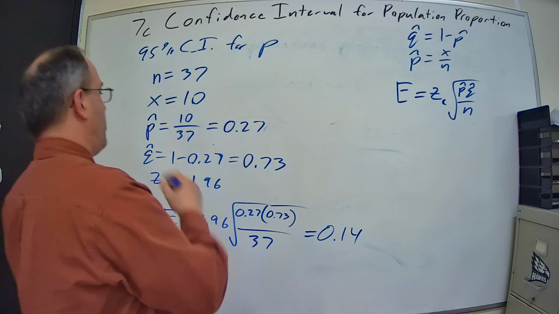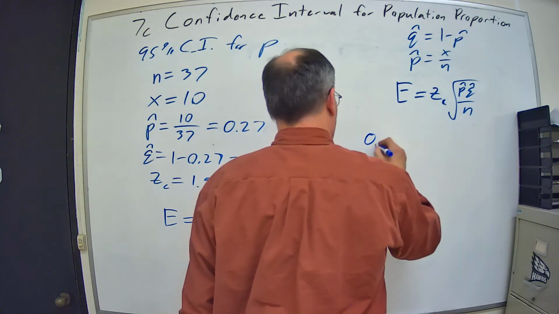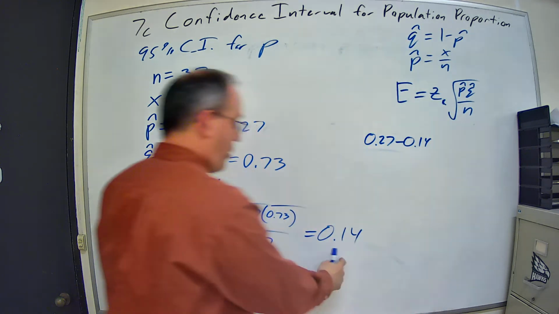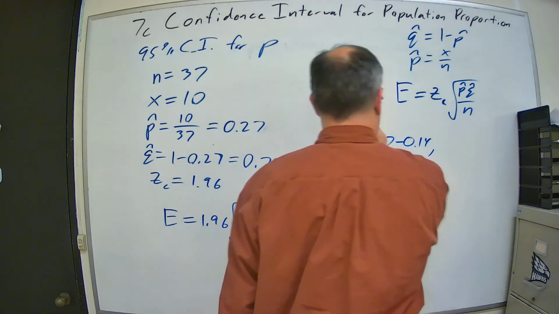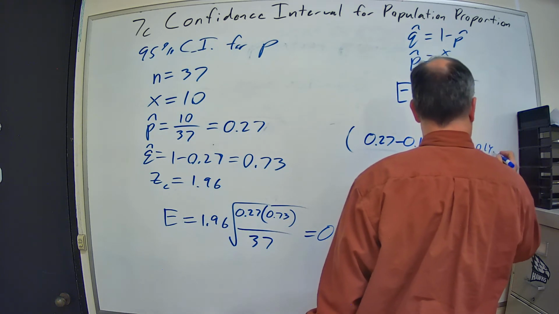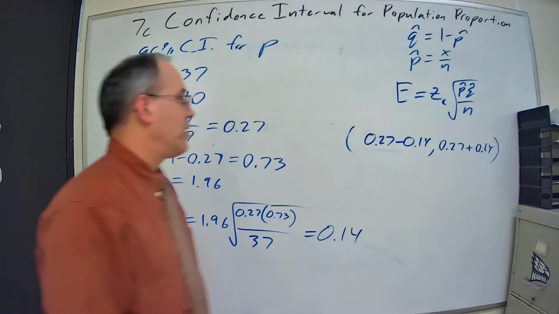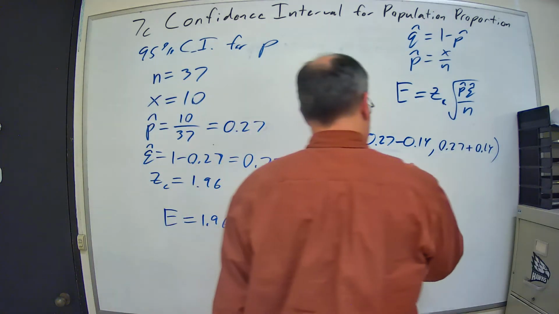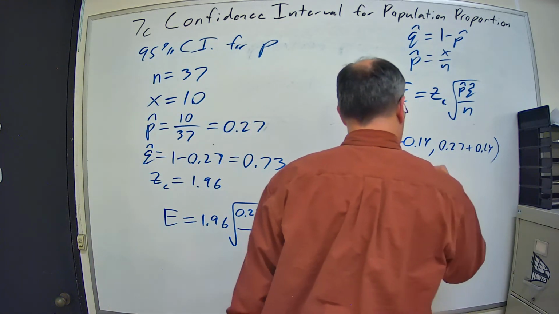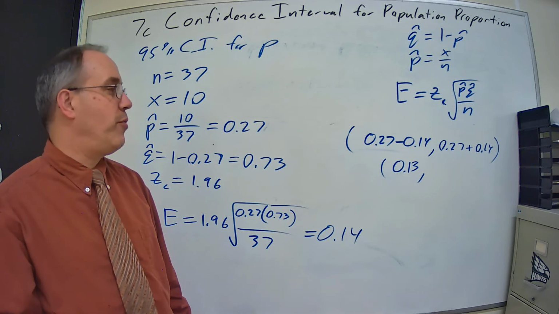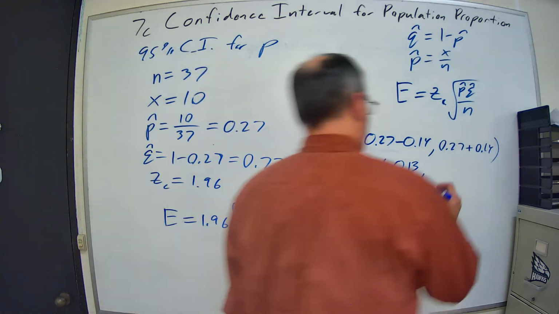So P hat was 0.27, 0.27 minus 0.14, our margin of error, and 0.27 plus 0.14, our margin of error. 0.27 minus 0.14 is 0.13, so it's 0.13. And 0.27 plus 0.14 is 0.41.